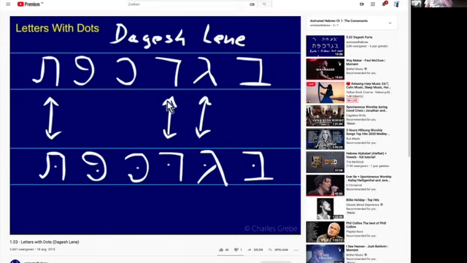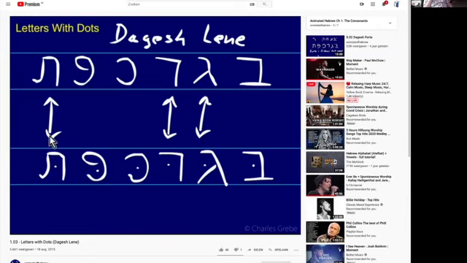Some people will pronounce the dalet without the dagesh as the th in "the", so d and the. Likewise, some will pronounce these two differently. This will be t and this will be th, th as in thin.